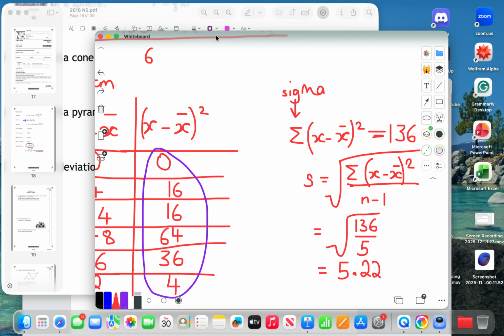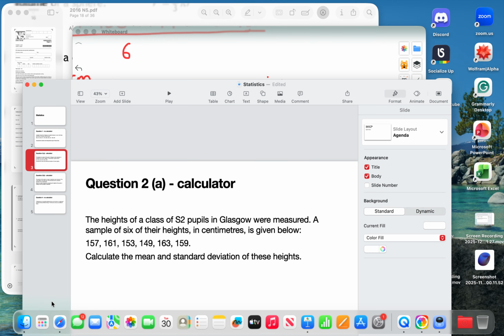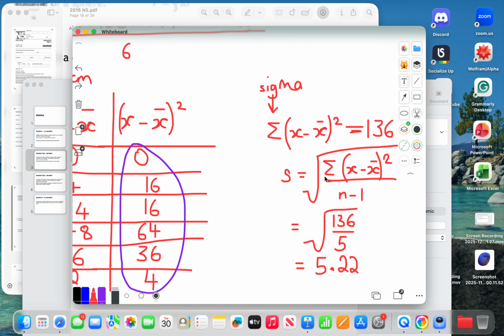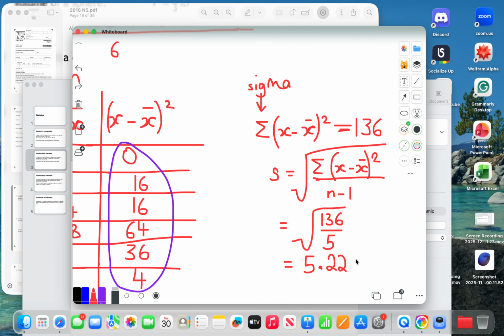Check the question. Does it ask you to round anything? No, it doesn't. So I'm going to use 2 decimal places or 3 significant figures.